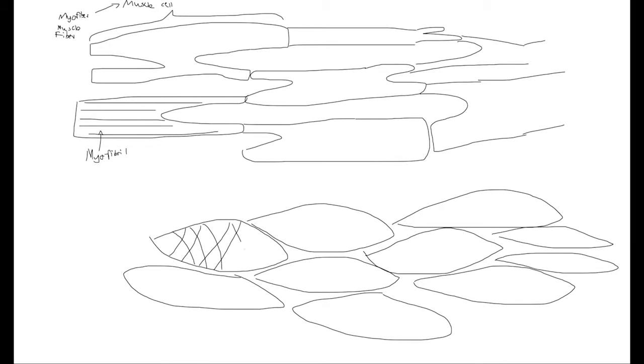I'll draw them on two. So like that, just really quickly. So these are intermediate filaments, and they're going to be going across the cell. Each of these is one muscle cell, right? So this would be an intermediate filament.